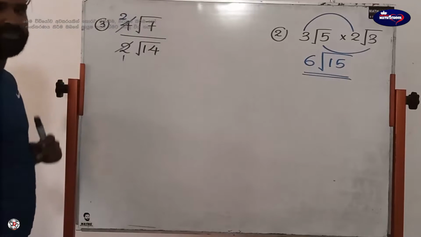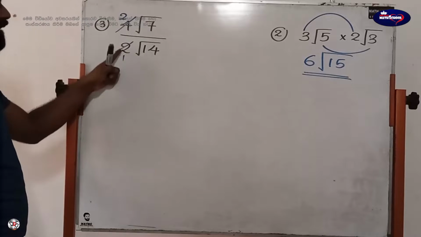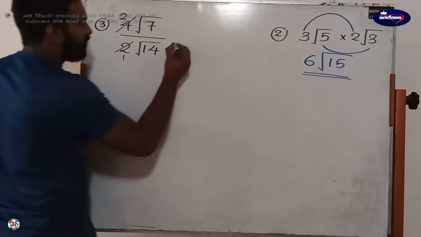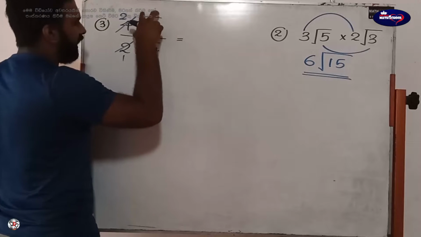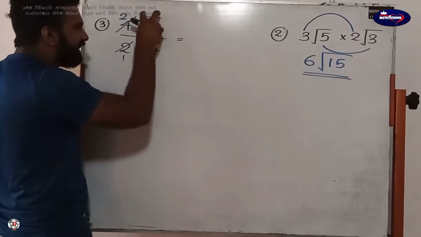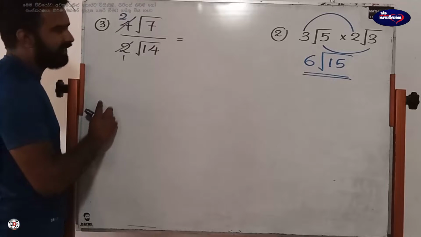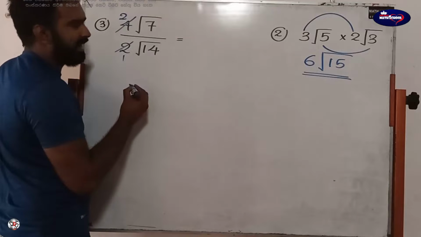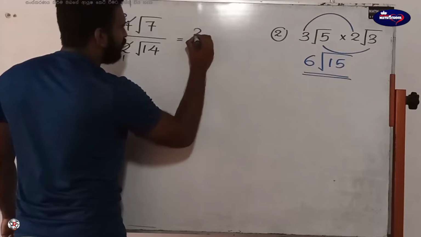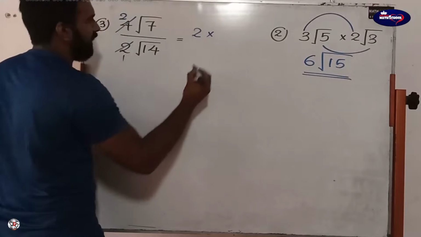Both are divisible by 2. So I divided. Now the things inside the square root, that means inside the radical sign, 7 and 14, divide these separately.